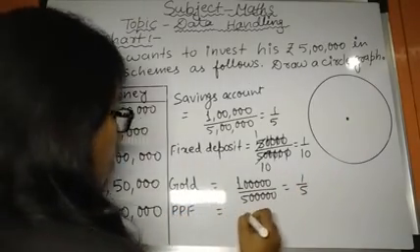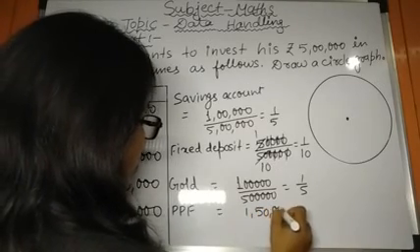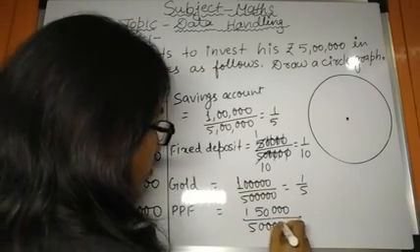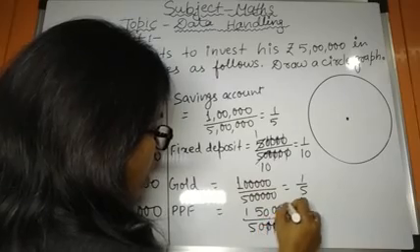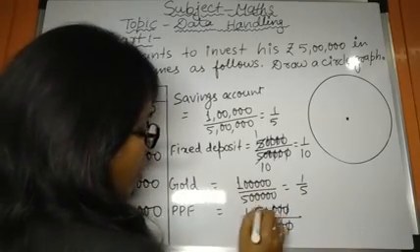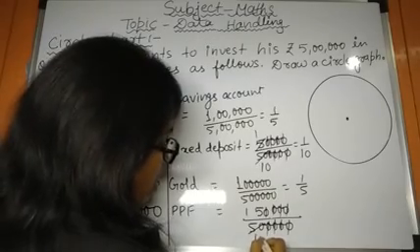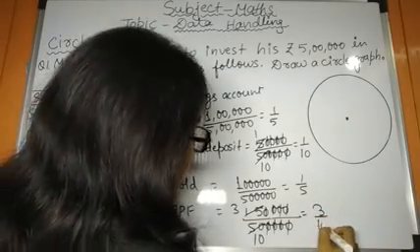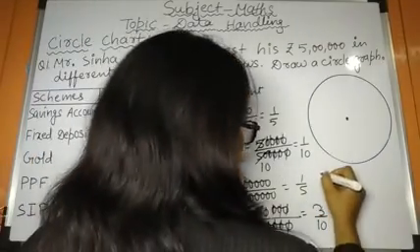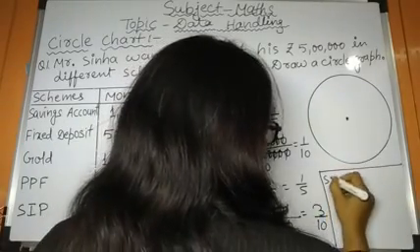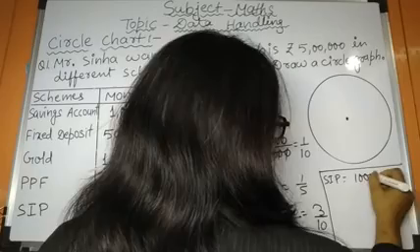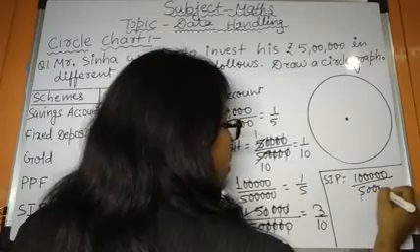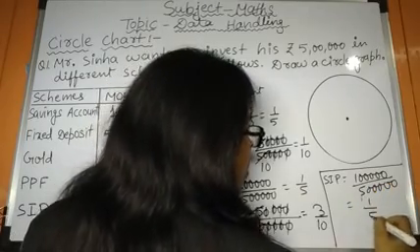PPF, 1 lakh 50,000 divided by 5 lakh. So 5 10s are 50, 5 3s are 15. So it will be 3 upon 10. And for SIP, that is again 1 lakh upon 5 lakh. So it is 1 upon 5.